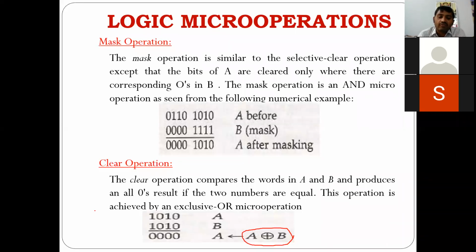See, 1 XOR 1 is 0, 0 XOR 0 is 0. A bar B plus A B bar: 0 0 is 0, 0 1 is 1, 1 0 is 1, and 1 1 is 0, which means that both are at the same level, so the output will be 0. That is what a clear operation is, right?